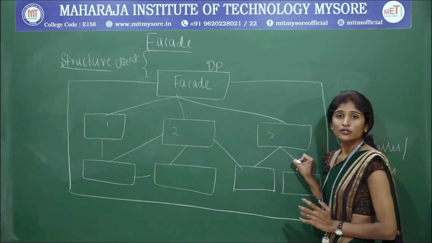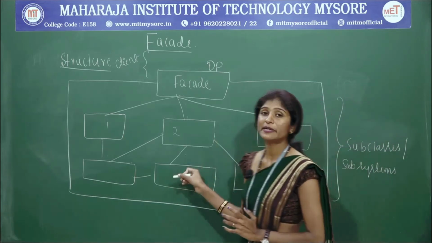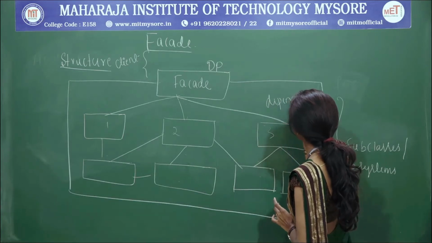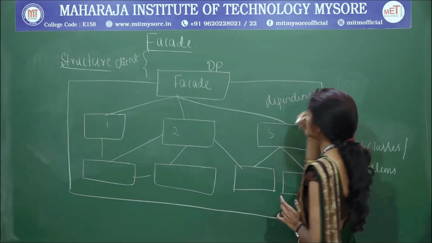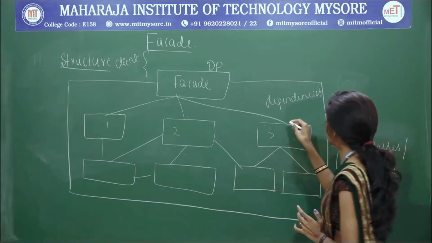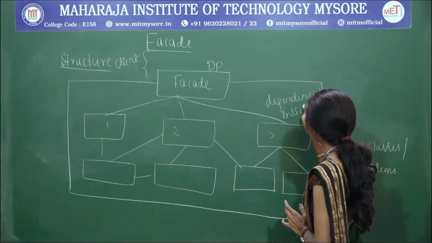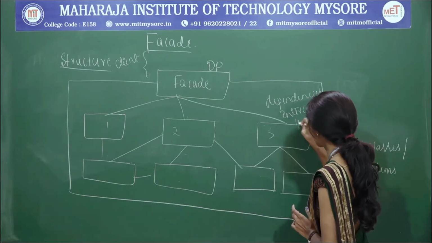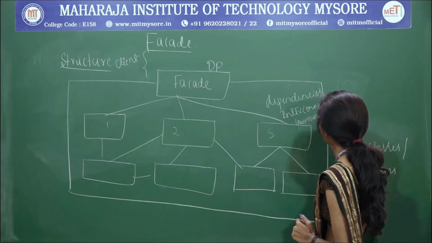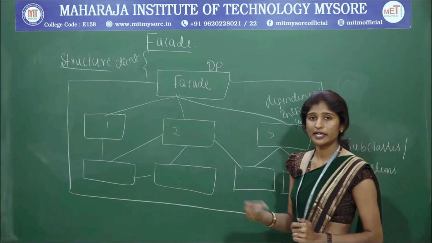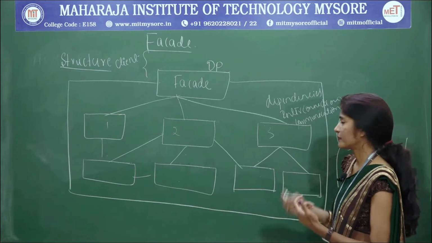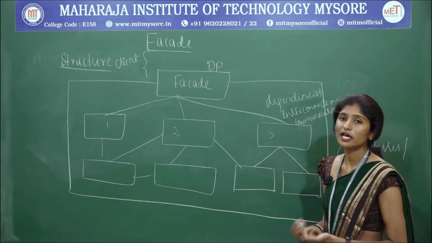You can see here, you have so many dependencies, right? Dependencies mean there will be interconnections, lots of connections and communications taking place. Since they are dependent on each other, there might be lots of communication, lots of interconnections, and dependencies are more.